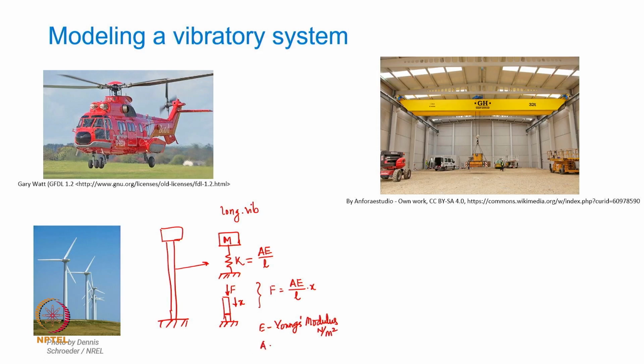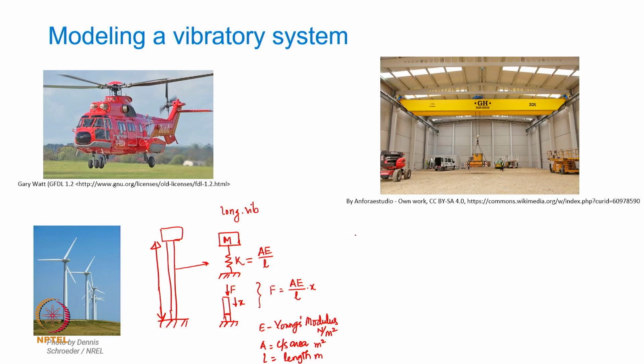A is the cross sectional area of that bar in square meters, and L is the length of this particular column, okay, in meters, all in consistent units. Then the stiffness will be given in newtons per meter, and then based on this you can find out again the natural frequency in the vertical longitudinal direction.